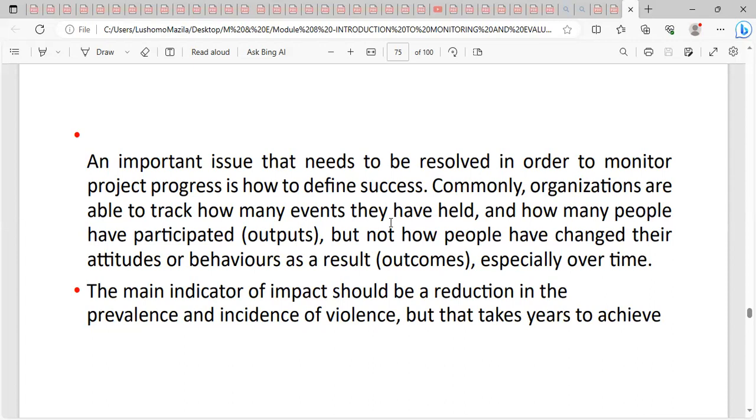That is the output, but not how many people have changed their attitude or behavior as a result. We're talking about the outcomes, like looking at how many people are able to apply the skills which they have learned. Most organizations find it difficult to monitor the success, because that is the success.